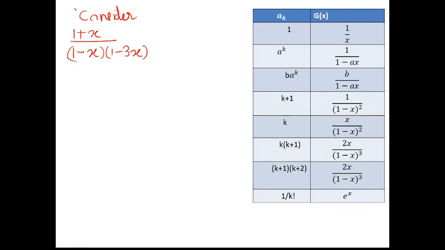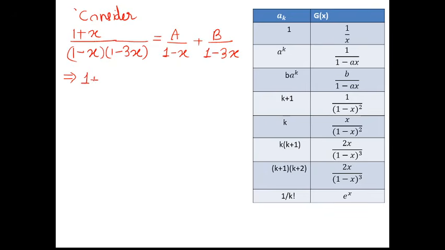So here we have 1 minus x as well as 1 minus 3x, so we can directly apply partial fraction. As per this, it is a upon 1 minus x plus b upon 1 minus 3x. Now the next task is to find the values of a and b.